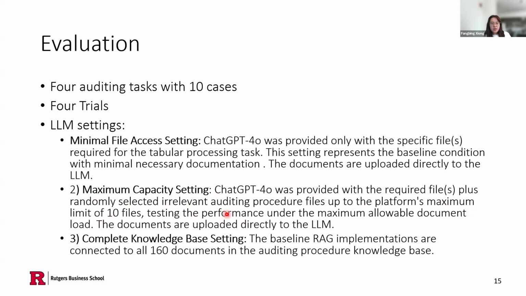In this case, we want to test if the auditor only knows, okay, the information I need is within these 10 files, but I don't know which file exactly that is. When we provide this bunch of files to the large language model, can the foundation model directly find what information is necessary? That's the maximal capacity setting.